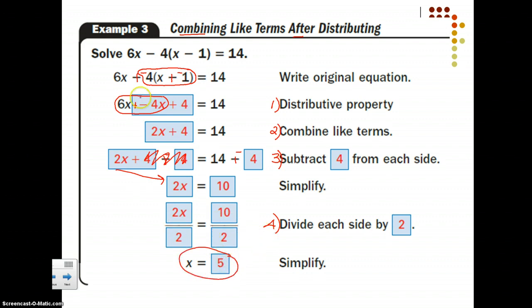You can still go back and check your work. Plug in the 5 and check to see if this makes sense. Do parentheses, then multiply 4. 30 minus 16 is indeed 14, so it checks.